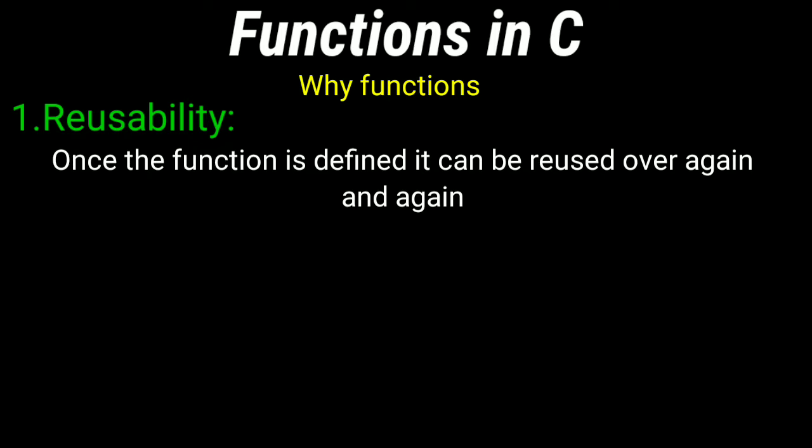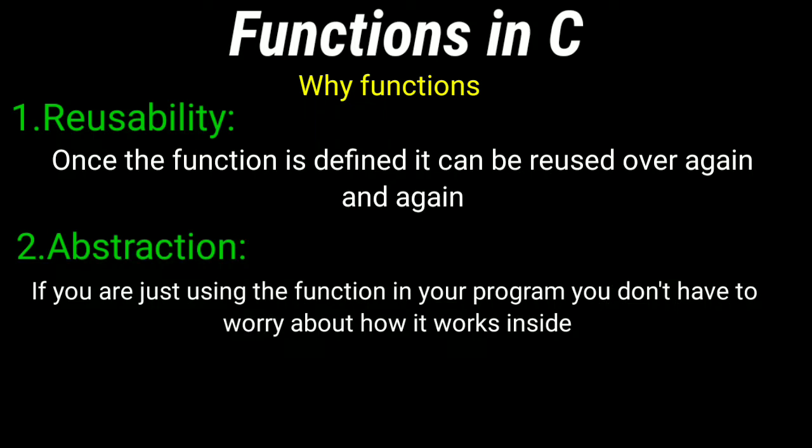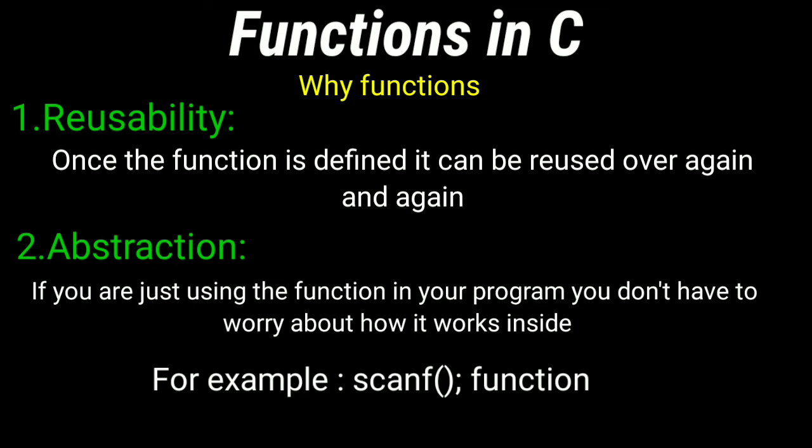The second reason is abstraction. That means if you are just using the function in your program, then you don't have to worry about how it works inside. For example, the scanf function. You can reuse the scanf function multiple times, right? Without defining its functionality again and again in your code.